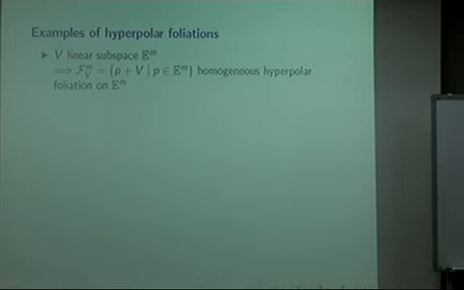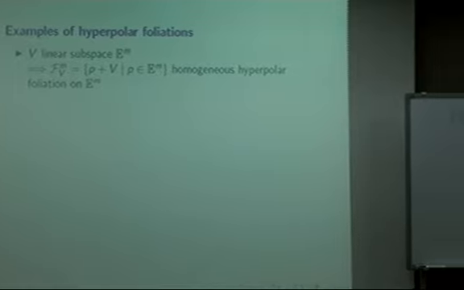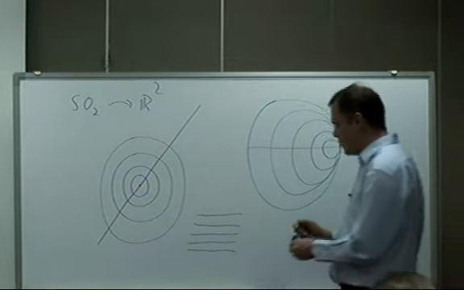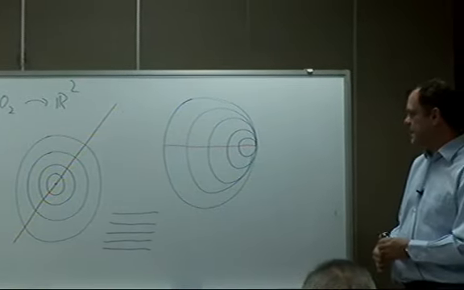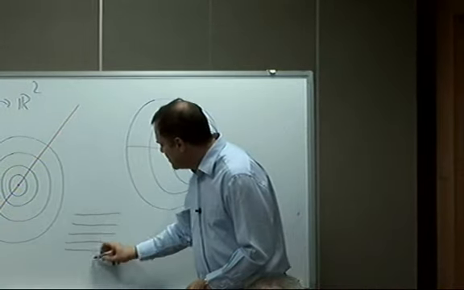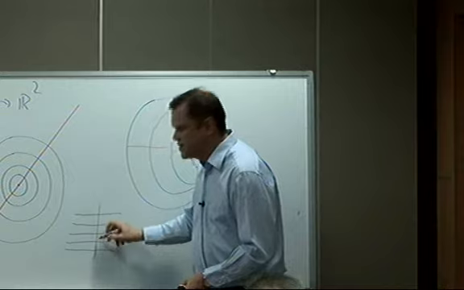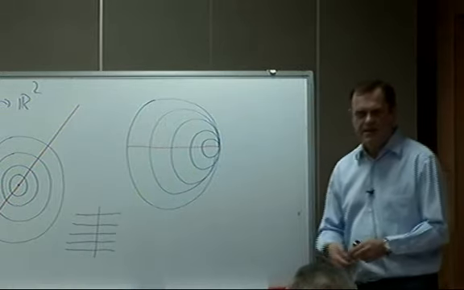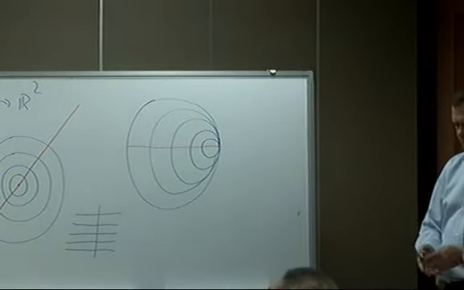What is a section? It's just the orthogonal complement of V, that intersects all the leaves of the foliation. If we have a foliation by parallel subspaces, you just take a perpendicular subspace that intersects everywhere. So this is an elementary example.